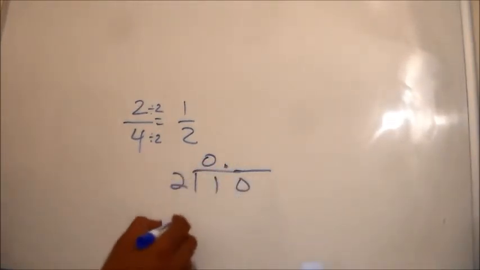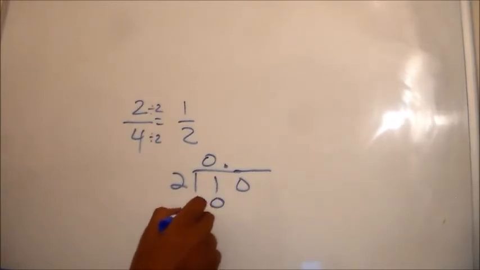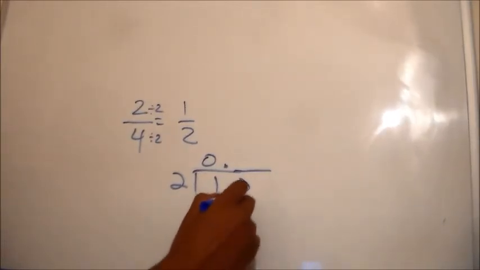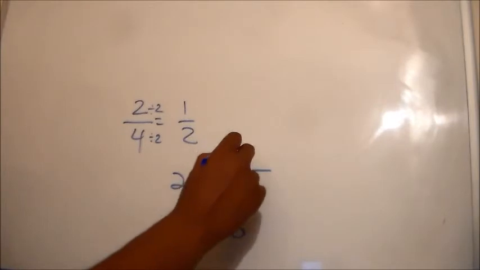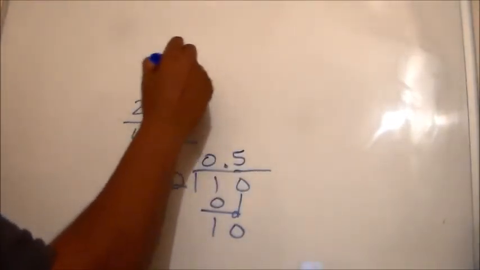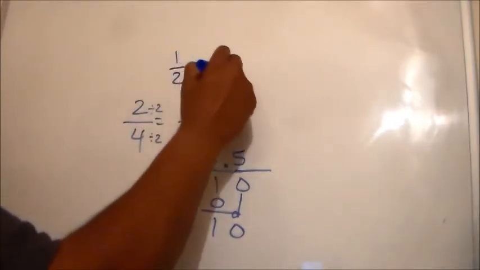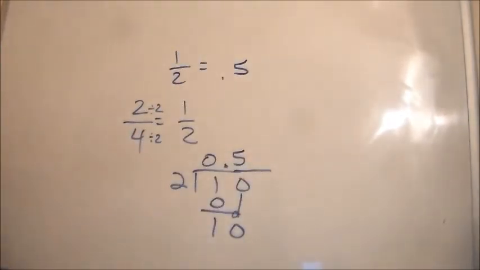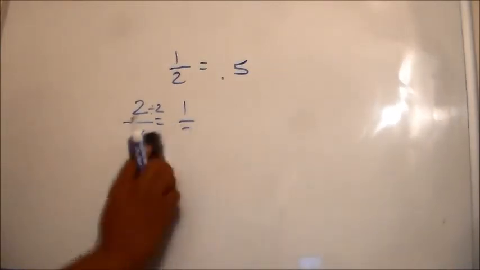We look at this as a 10 now. 10, 5. So 1/2 is equal to 0.5 in decimal form. That's how you convert a fraction to a decimal.